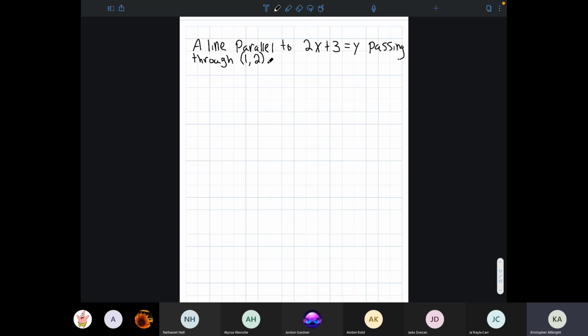It's even better on paper, but it's weird on the iPad.